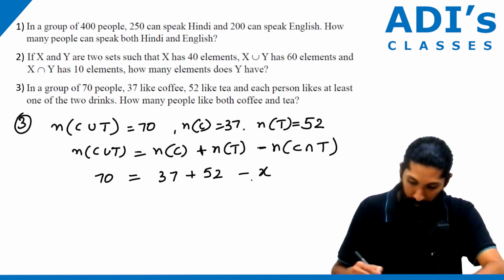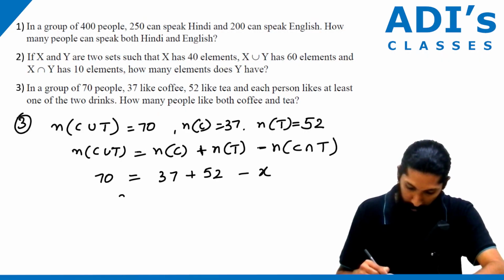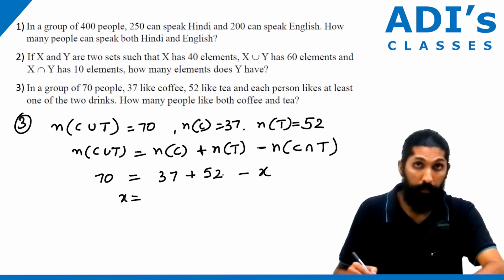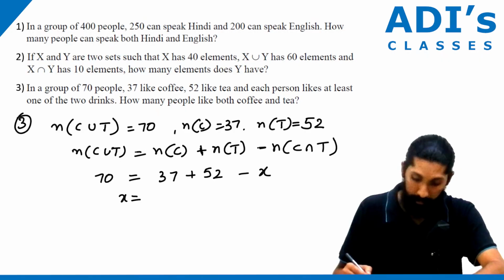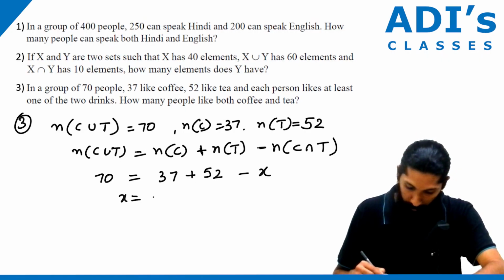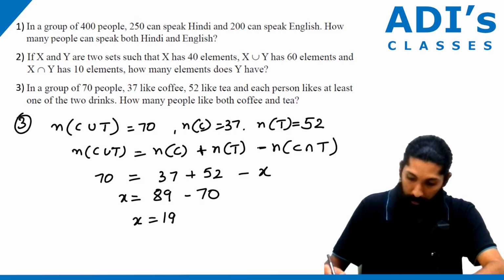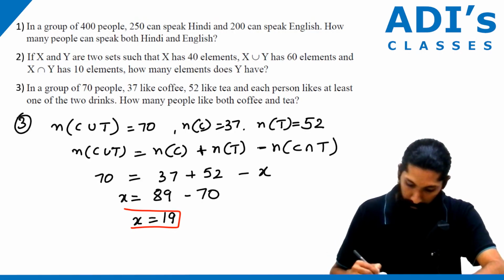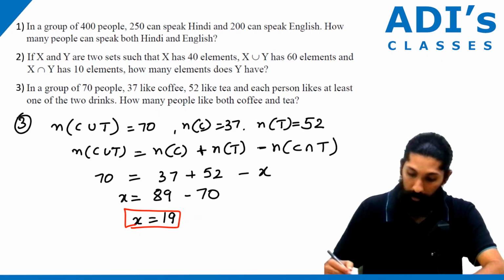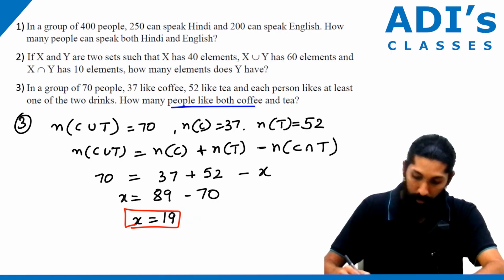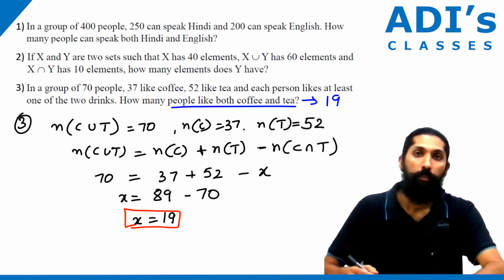And so what do we have? X is equal to, see, first we do 37 plus 52, then minus 70, isn't it? So this is going to give us 89 minus 70. So x is equal to 19. So the answer is going to be 19, correct? That means here, how many people like both? The answer is 19. Fair enough?